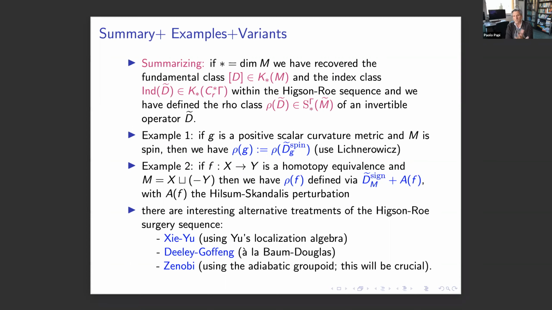So instead of the analytic K-homology, they use the geometric model of K-homology, and the other terms are also described in a similar way. Finally, there is an approach using groupoids due to Zenobi, using the adiabatic groupoid, and this is actually rather important for this talk.